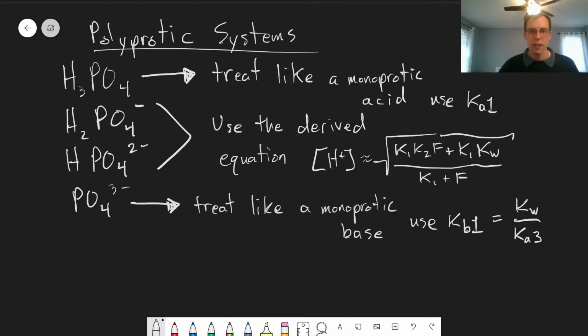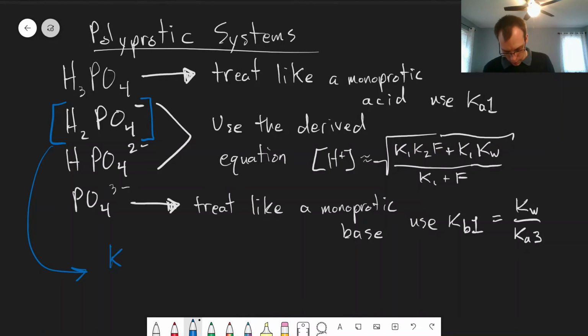The only tricky thing here is that you need to keep track of which K values to use. So I have 1s and 2s here, and it's going to depend on which intermediate species you're looking at, which K values you use. So if, for example, we're looking at H2PO4 minus, dihydrogen phosphate, our K1 will be Ka1, our K2 will be Ka2. And then it'll just depend on the concentration we have.